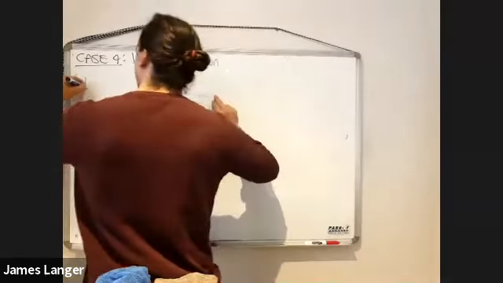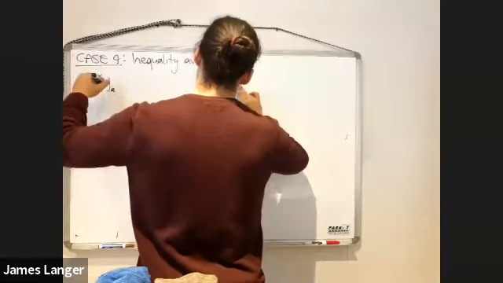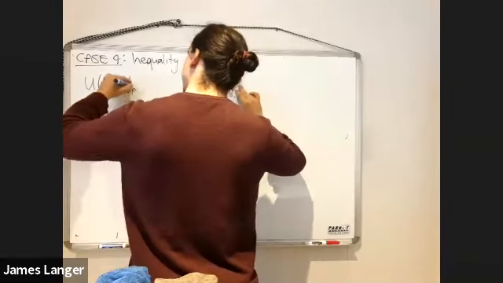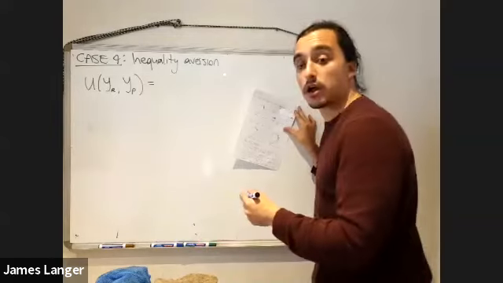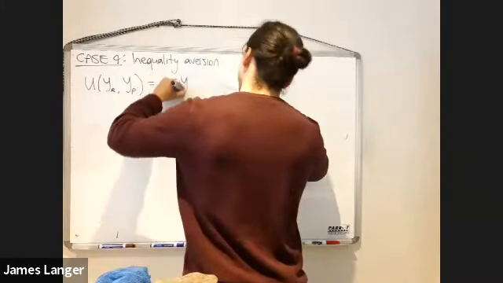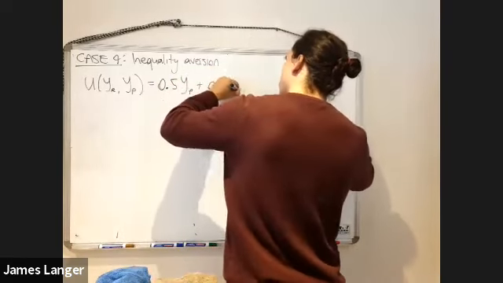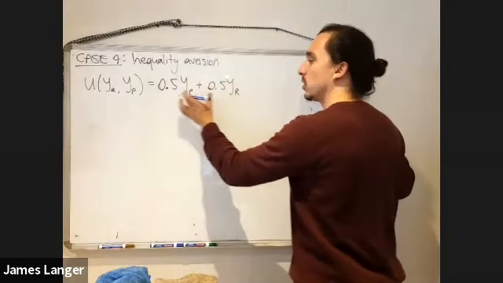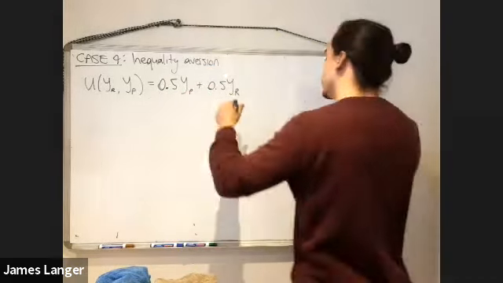It means that my utility of YR and YP is going to be equal to 0.5 YP plus 0.5 YR. This is just because you're placing equal emphasis on both, because you might land up being poor or rich.